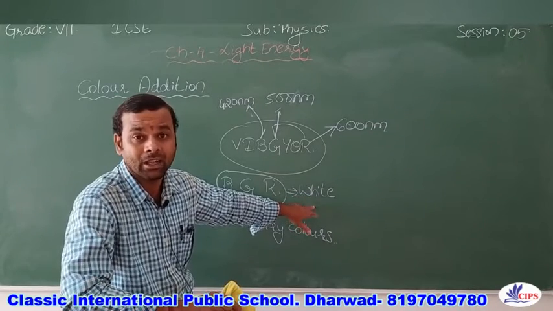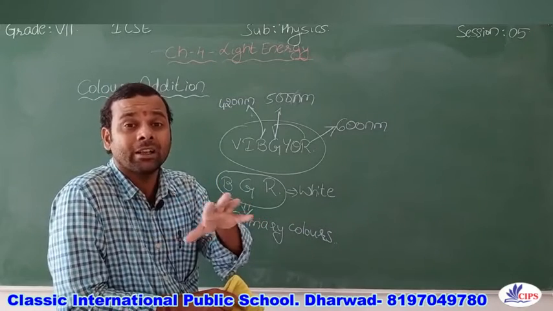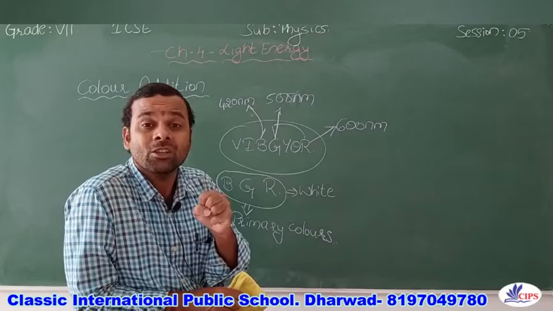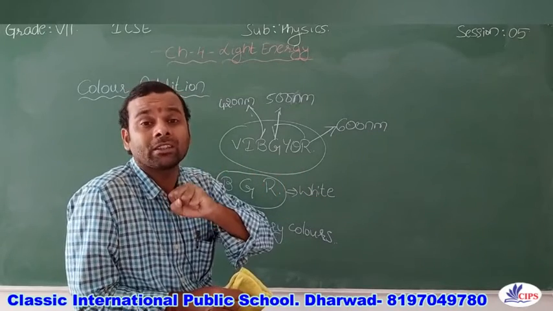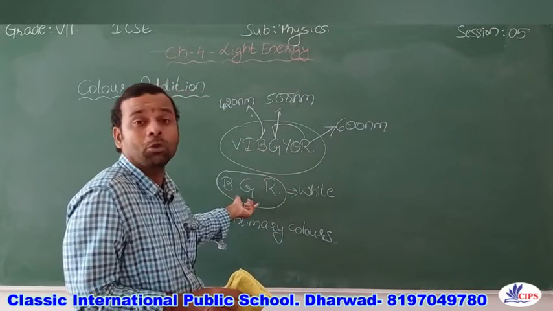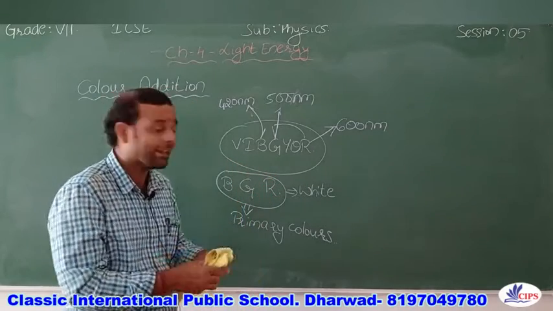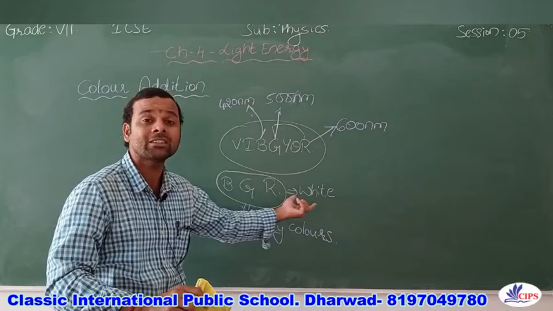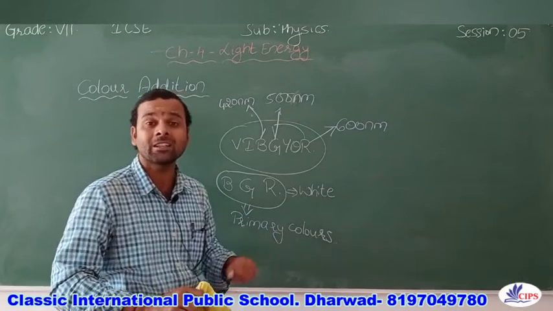As we have already discussed, white is not a color, it is just the combination of many different colors together forming the white, which may be either VIBGYOR or blue, green, and red. If white is obtained with only 3 colors, then they are known as primary colors.